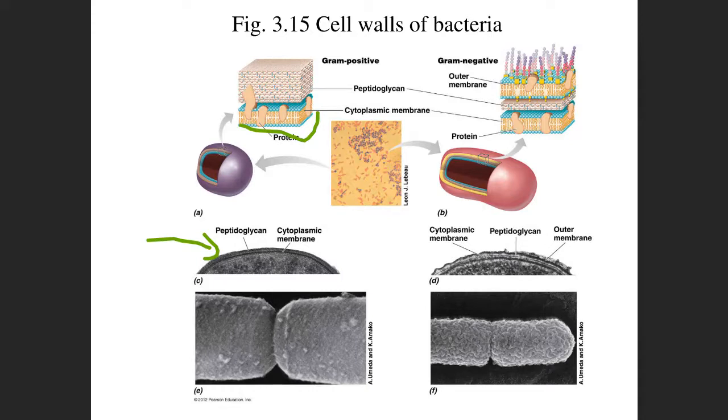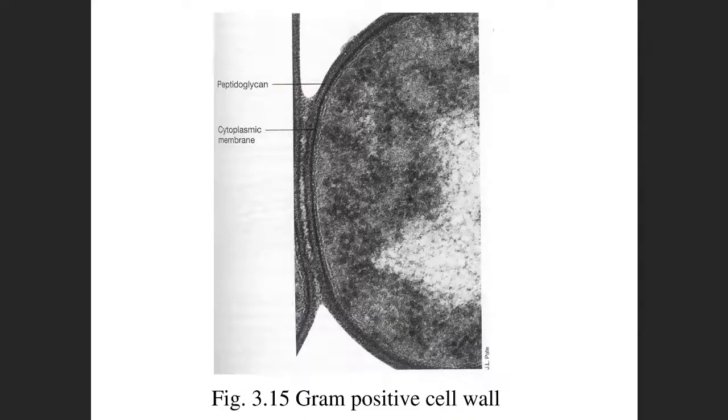You have the cell membrane here, then the outer membrane, and then peptidoglycan in the middle. Obviously this picture is generated by transmission electron microscope, and this one is generated by scanning electron microscope.